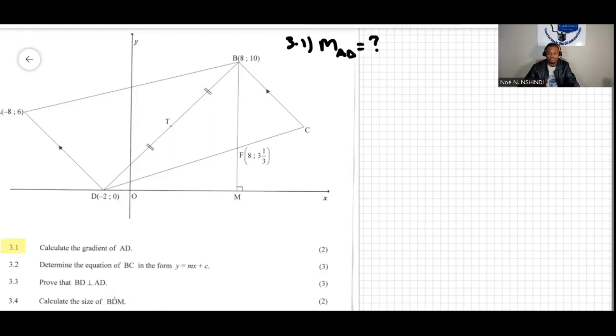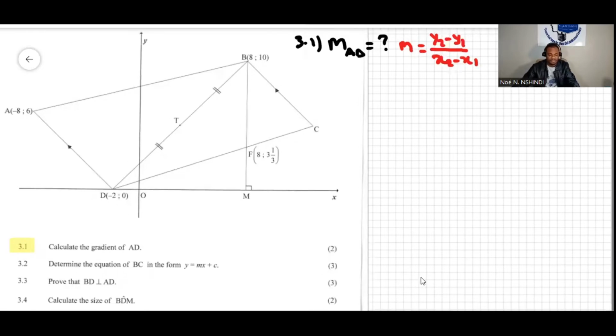And we do know that the gradient is given by the change of y over the change of x. So y2 minus y1 over x2 minus x1. Now, I want to look at the diagram here. A is the point (-8, 6), and D is the point (-2, 0).